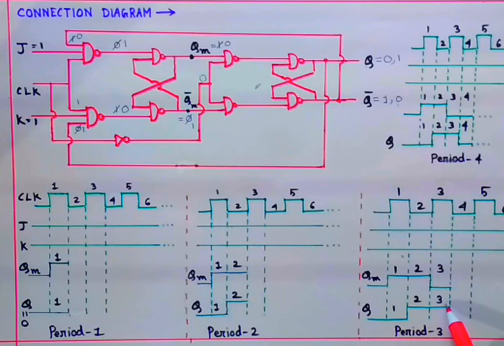So during period 3 also the Q value will be 1, because in the previous stage, that means period 2, the value of Q was 1. So at period 3 the value of QM is 0 and the value of Q is 1.